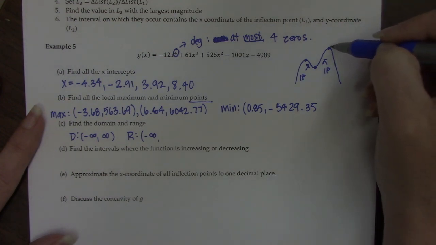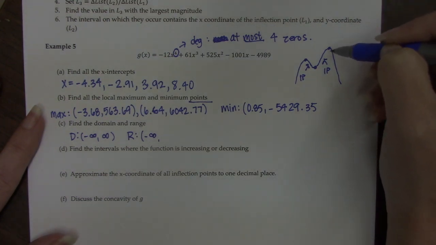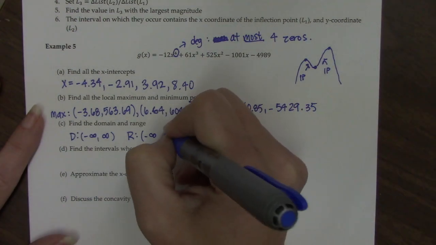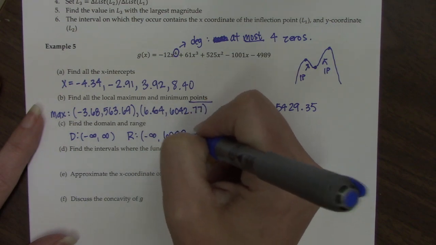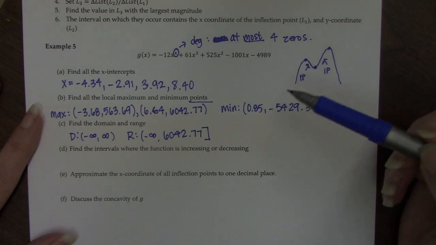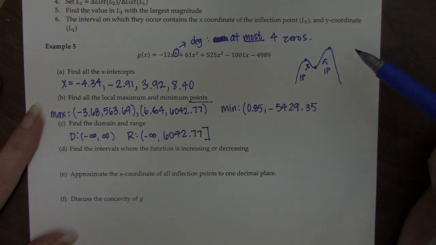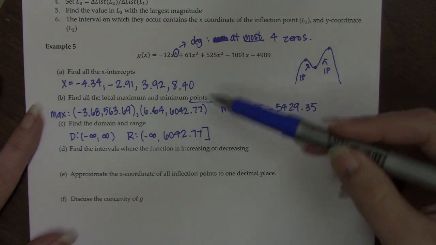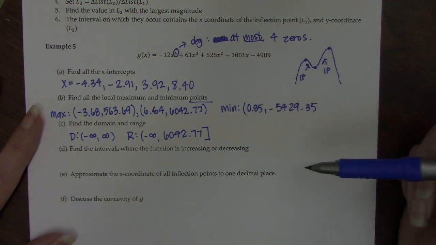But this maximum right here, it was very clear on our picture, was the biggest point on the whole graph, and its y value is right there. So I also could have just done second max and put negative 10 to 10 in, and it still would have returned that value. So sometimes if you conceptually know how these answers work together, it can help you answer other things very quickly.